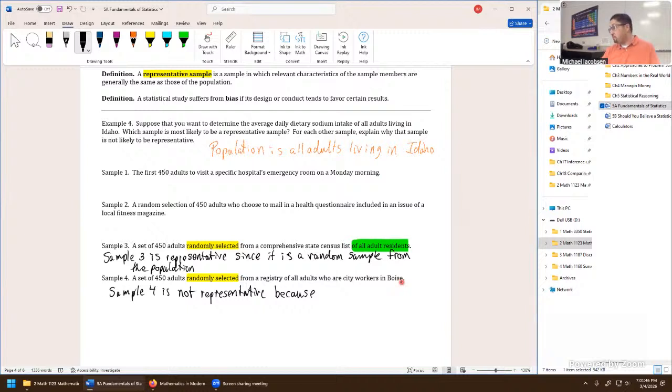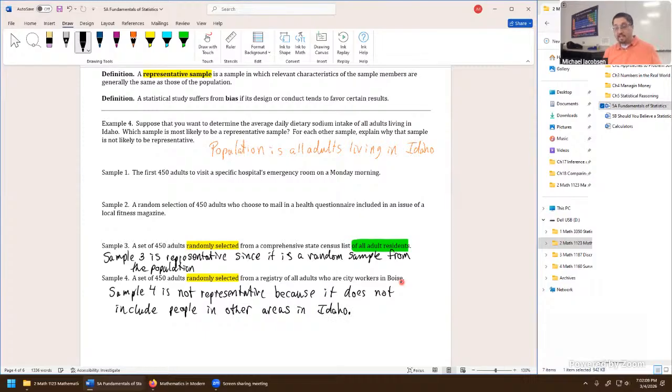It's not representative because it does not include people in other areas in Idaho.